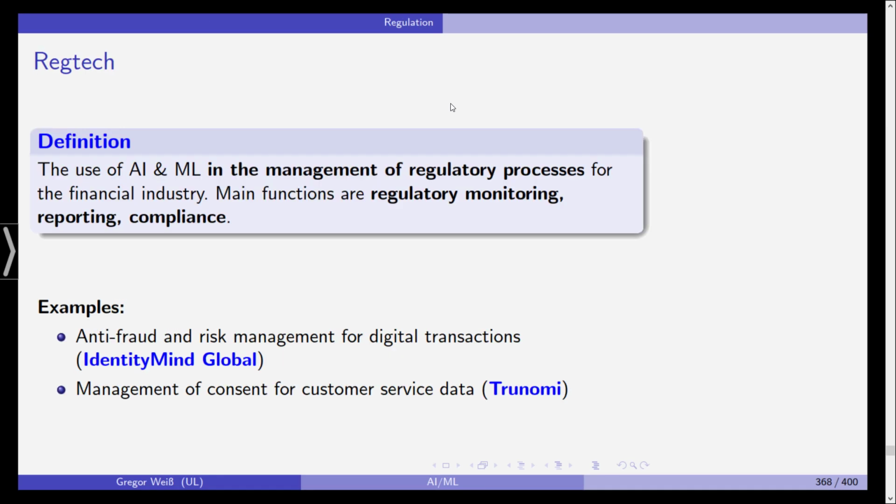So what are these? Well, we start with Regtech, which is probably more common than Suptech. Regtech is the use of AI and ML in the management of regulatory processes within the financial industry.